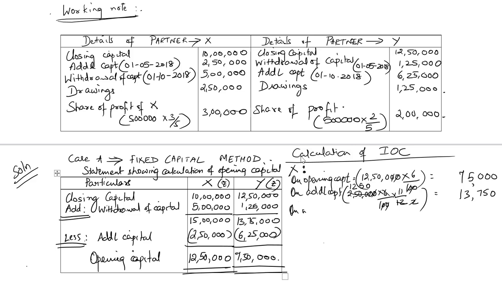And on withdrawal of capital, amount of capital withdrawn by X rupees 5 lakh at 6% from the date of withdrawal, which is 1st October 2018, till the end of the accounting period, which is 6 months.